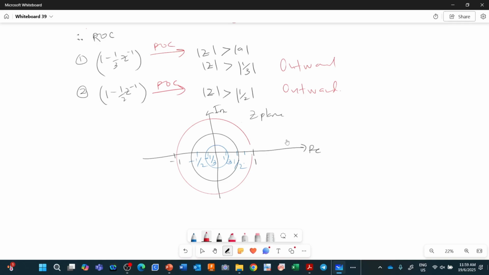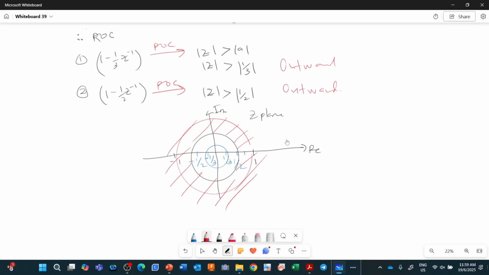So when you draw, you draw like this. The first one is 1 over 3. However, if you draw 1 over 3, 1 over 2 is not overlapping. You need the two ROC overlapping.